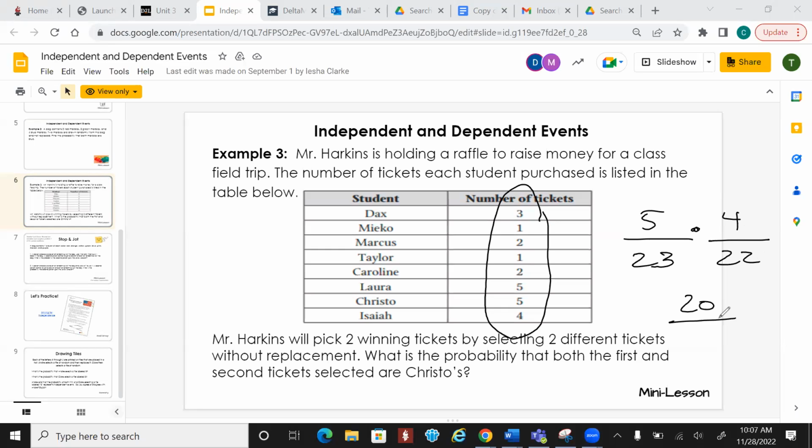And then 23 times 22 is 506. So we would take 20 divided by 506. And that would give us not 40%, 4%, right? So you got a 4% chance of pulling 2 tickets from Christo. Now there's only 22 tickets. That's like a small scale lottery, right?